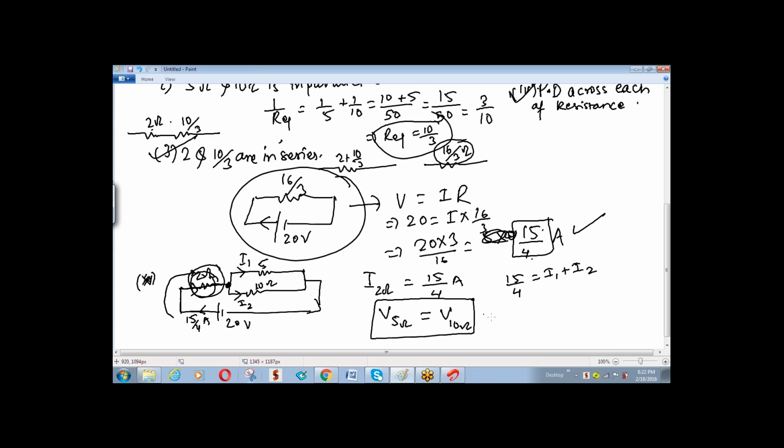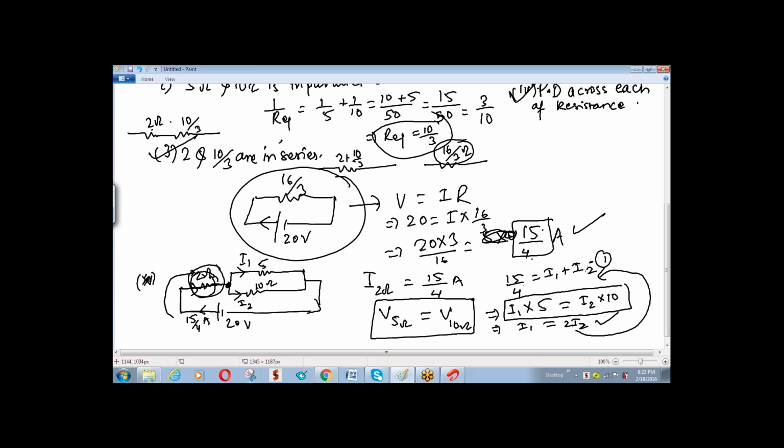So what is the formula for the potential? Can I say I1 multiplied by 5 should be equal to I2 multiplied by 10? Is it? Yes, sir. Right. Now can I put this, I1 is equal to 2I2, in equation number 1? This is equation number 1.